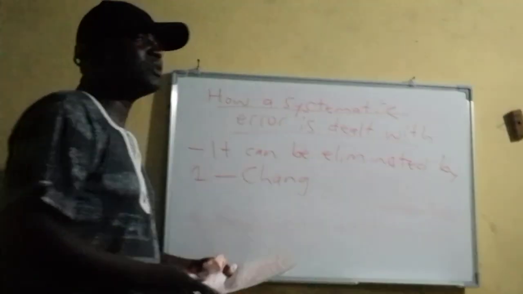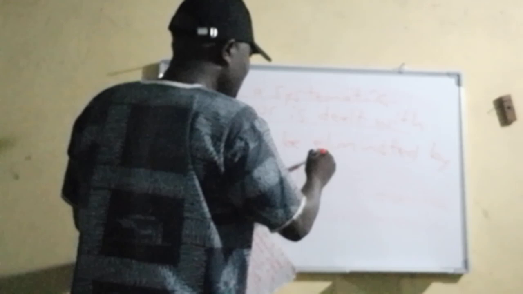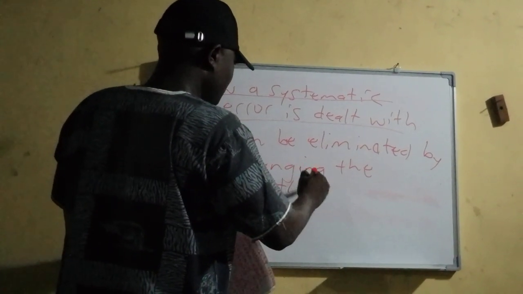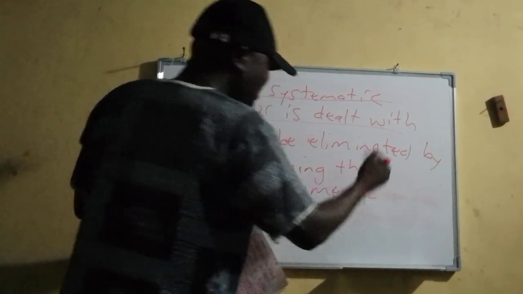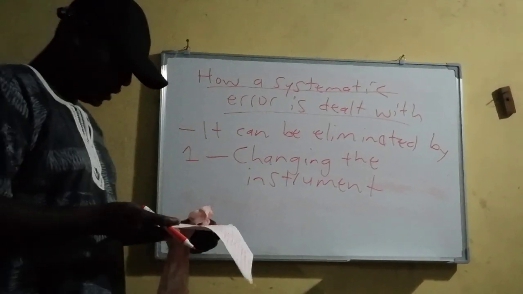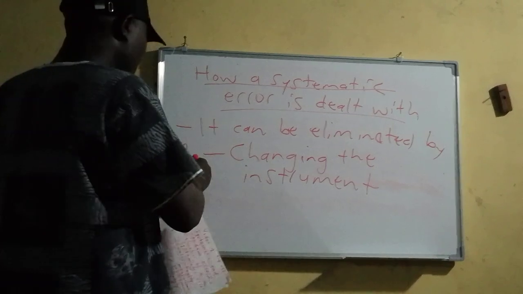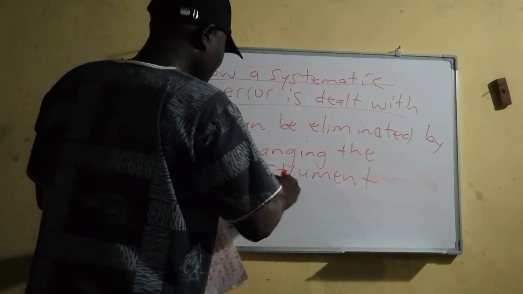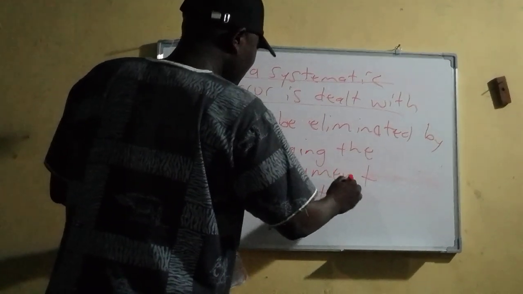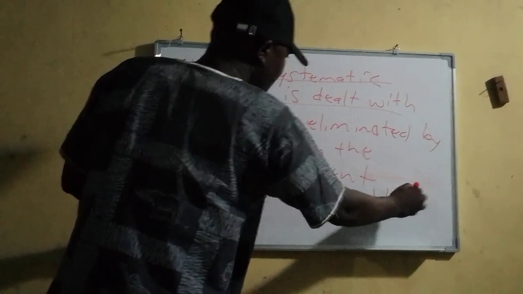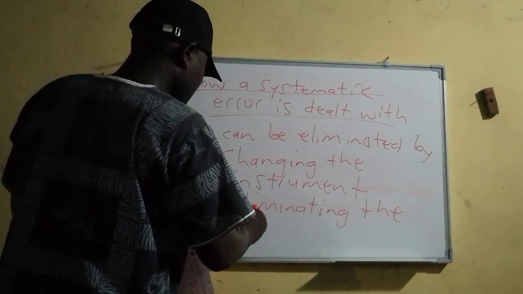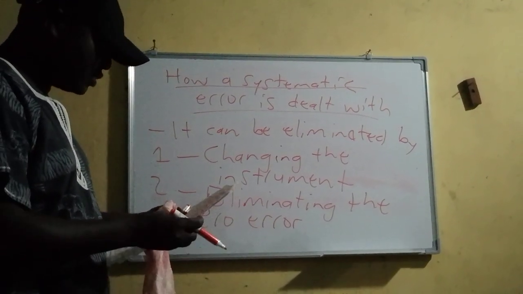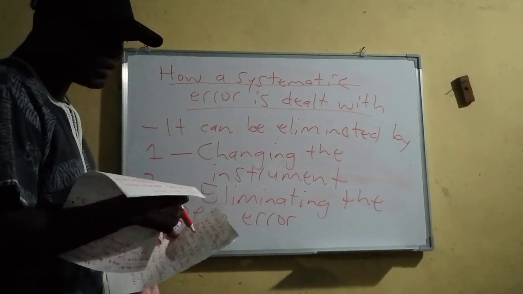You can change the instrument, use a correctly calibrated instrument, or eliminate the zero error. So you can eliminate the zero error in an instrument.